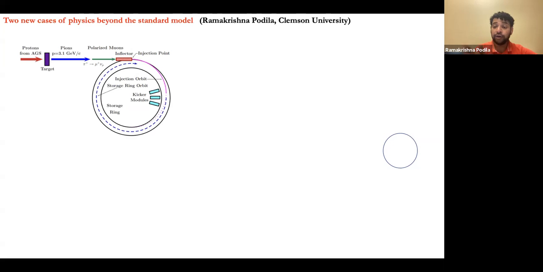The maximum energy of these positrons would be coming out along the direction of the spin of the mu plus. So we can see how the spin is precessing, so we can know the precession frequency. And from that Larmor precession frequency, we can calculate what is the anomaly that should be there in the g factor. So that's how it is done, but the experiment is not as simple as it sounds.